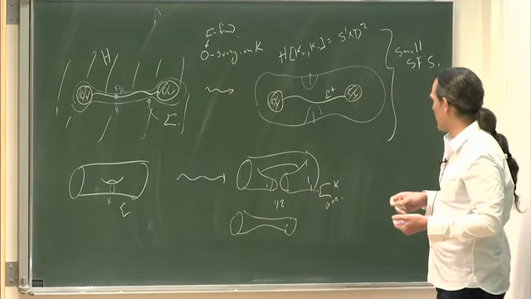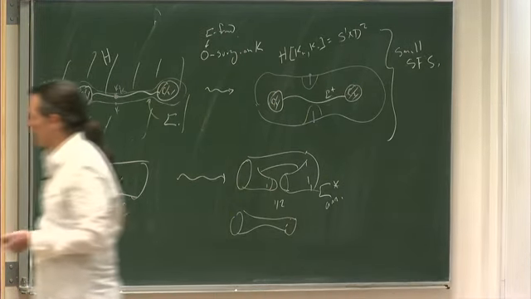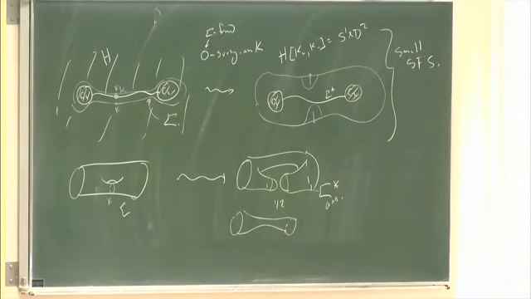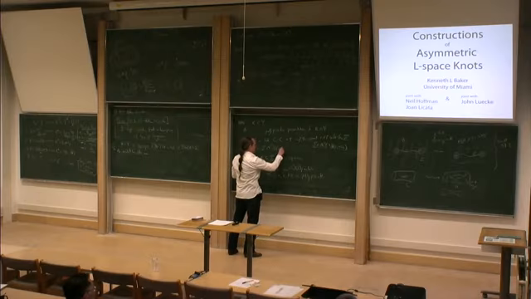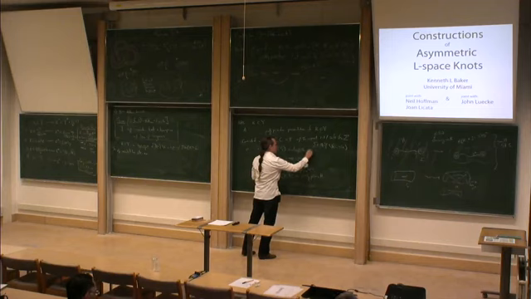And how do we make sure it's a regular fiber? Well, we can just ask that sigma intersect the boundary of the neighborhood of C1 is the longitude of C1.